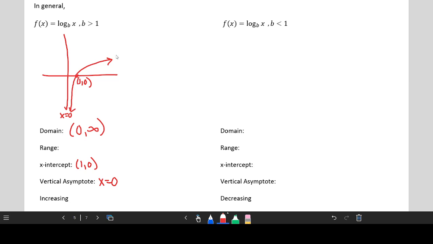And the range, we can see from the graph, goes forever up and down. That's because the domain of the exponential was all real numbers. So remember, when you talk about inverse functions, the domain of one is the range of the other. The exponential had a domain of all reals and a range of only positive numbers. The log function is the inverse, so those just switch.